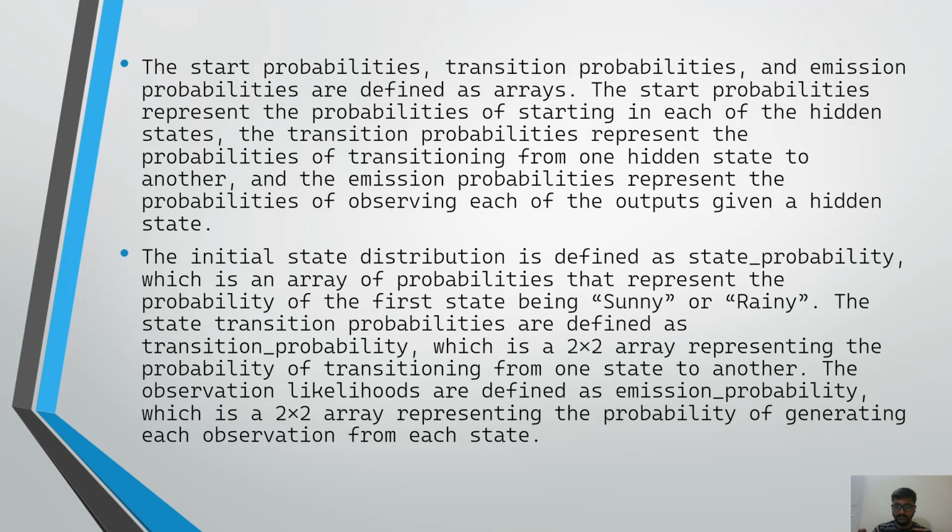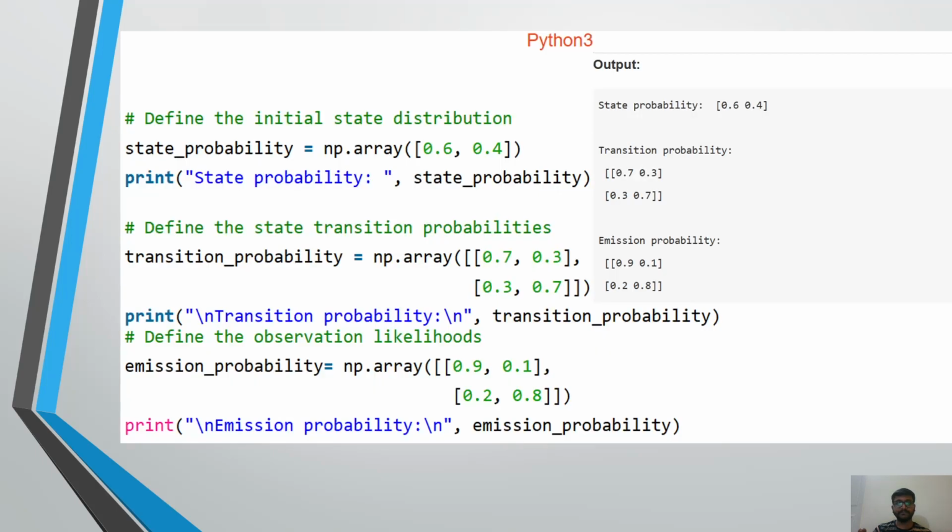The observation likelihoods are defined as emission probability, which is again a 2 cross 2 matrix or an array, representing the probability of generating each observation from each state. So let's see the code of this.